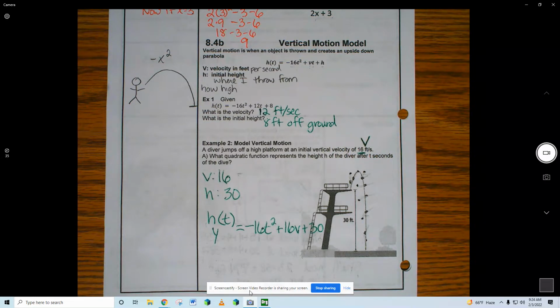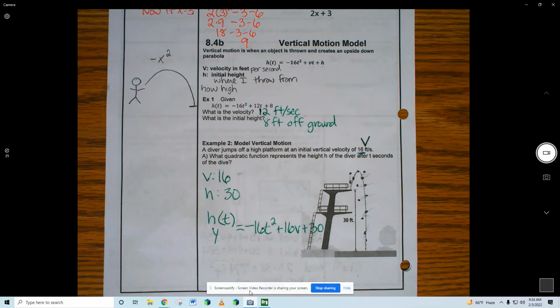The negative 16 will always be there. So that's something that has to be in your equation every single time. The negative 16 in front, always has to be there. Why is it in front of the 16 instead of the t in the middle? Because I was told this was also 16. It was just a coincidence.